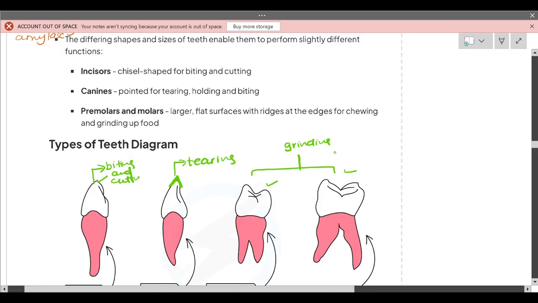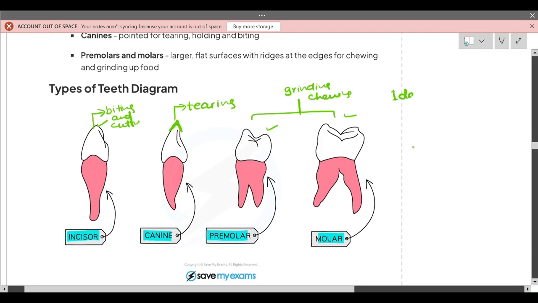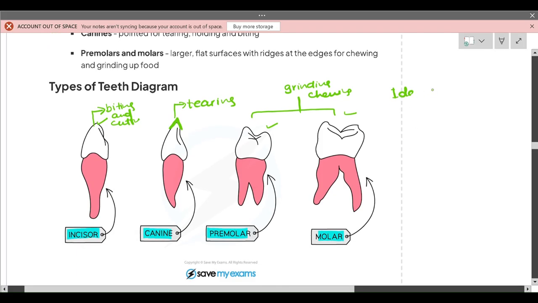So they can ask you for identification by looking at a diagram. They would give you the diagram, and they can ask you to write the correct name. So an identification question can come from here, and they can also ask you the function of different types of teeth.